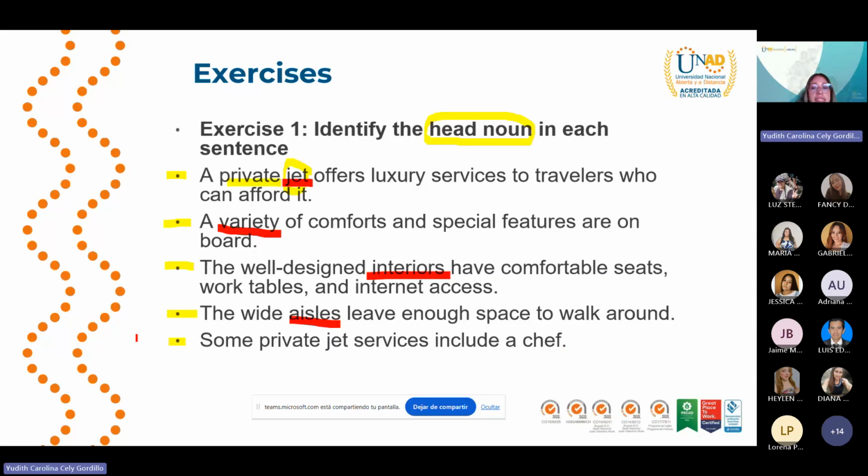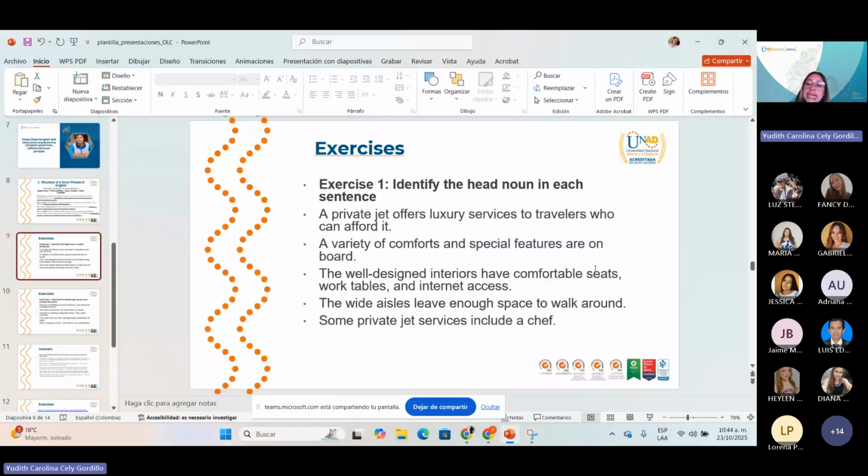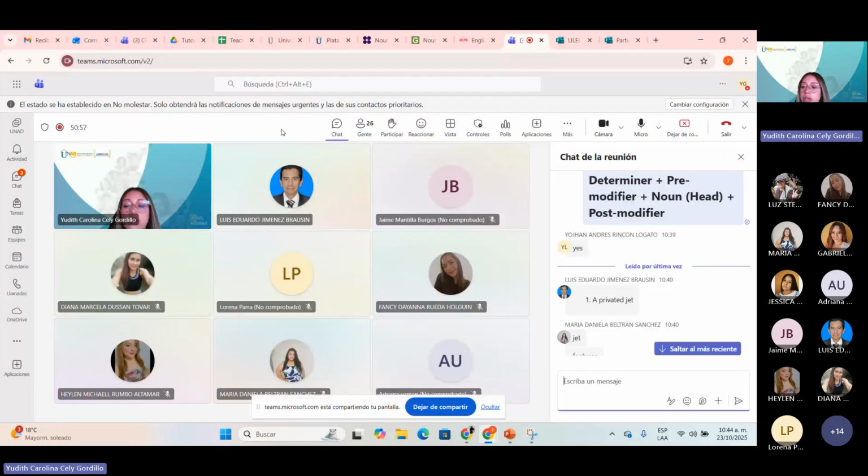That is the service, because it speaks about the private service, include a chef, all those different parts. This is all those different parts you are going to have in the statements. It is important you can identify the most important part in the statement. This is the head noun. All those parts you are going to use.